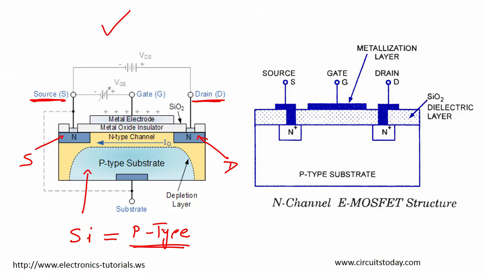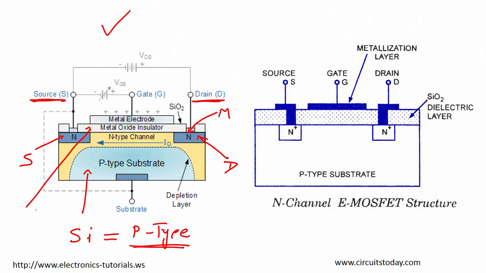After that, I have a metal oxide, you see here, and this metal oxide is nothing but my gate oxide. Then I have a metal here, you can see the metal.